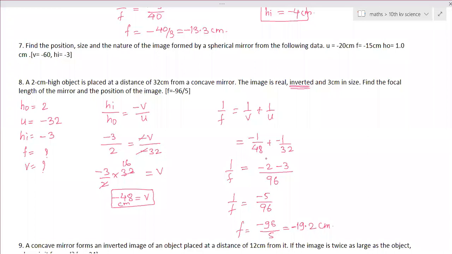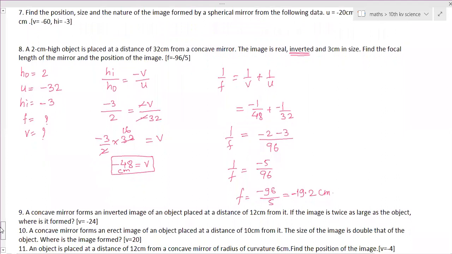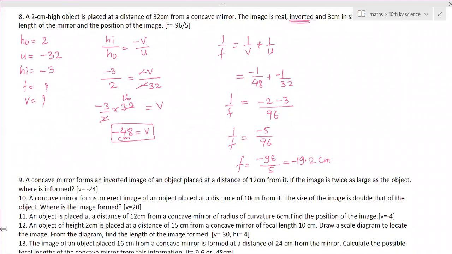Real and inverted. It is real image, and HI is minus 3, that means it is inverted image. Ma'am, even magnified. Yes, it is magnified. Ma'am, can you scroll a little?